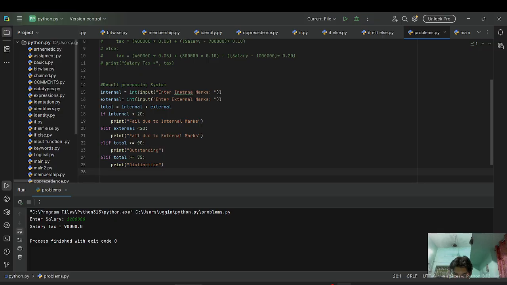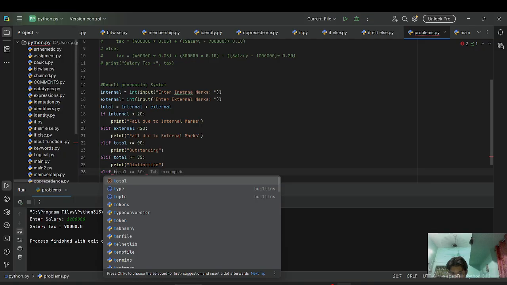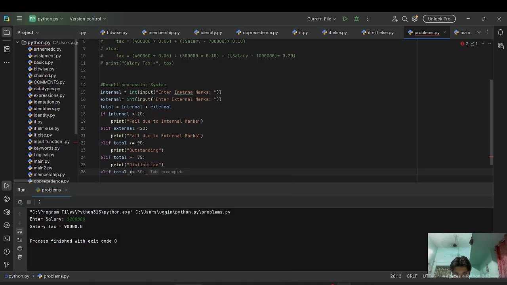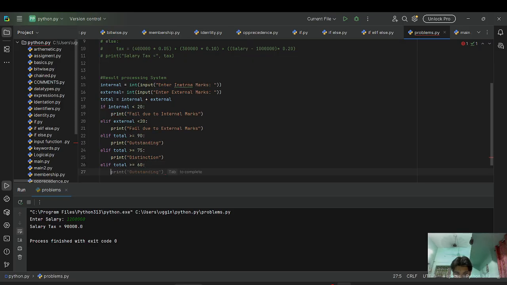Then the next condition, if total greater than or equal to 60, now let's print here first class.